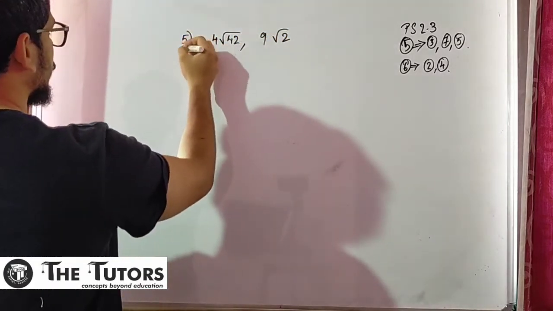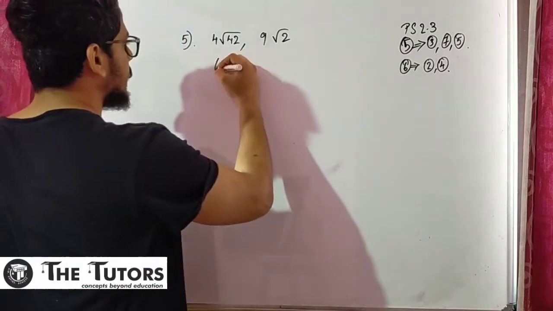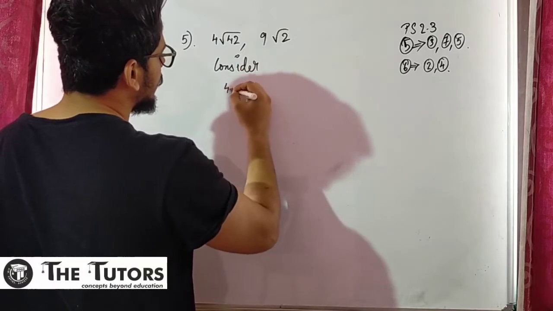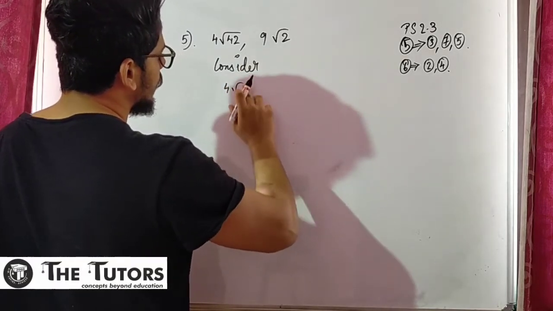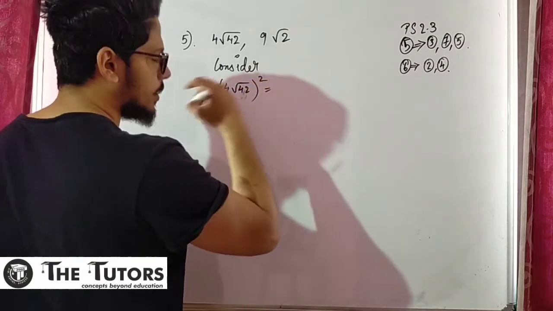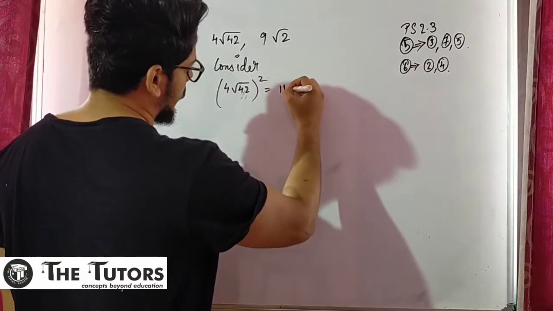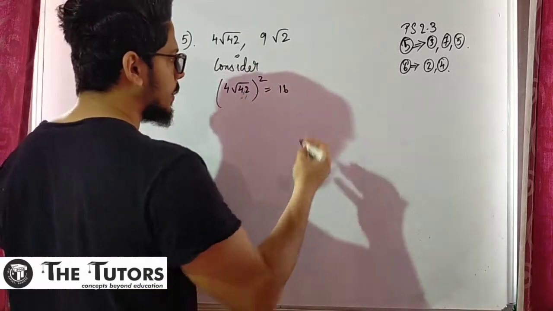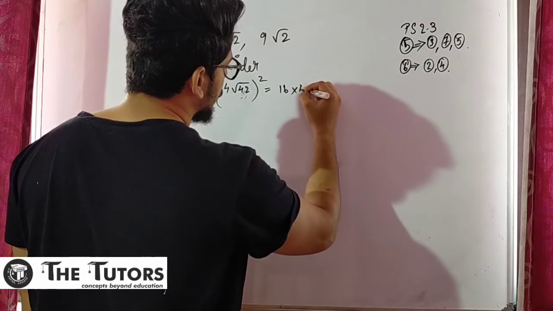Again, consider 4 root 42 the whole square. What is the square of 4? 16. Again, the square of root of 42 is, similarly, just 42.